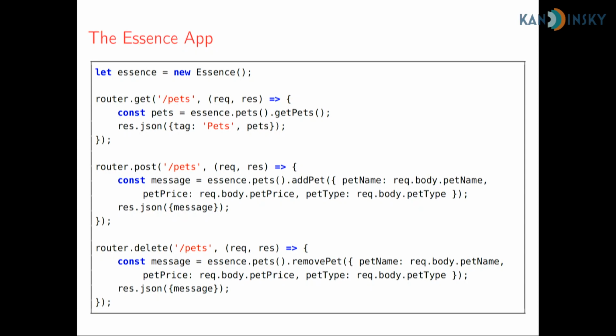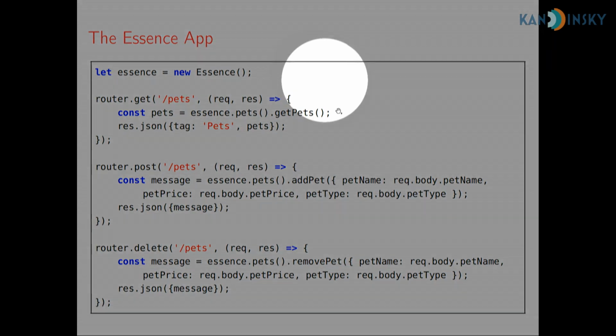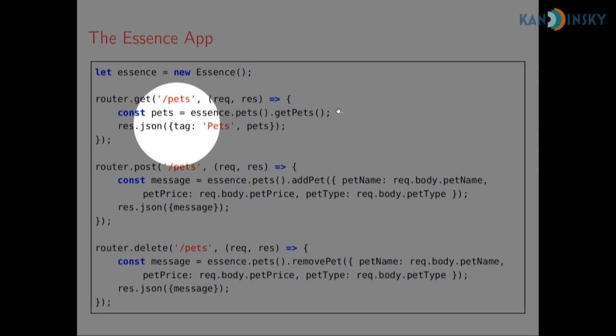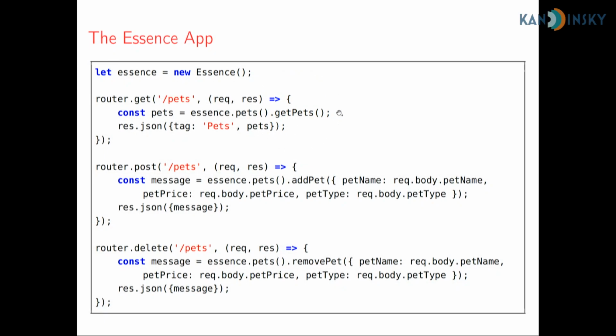And then we put this into an application. This is very easy Express code. Here we have the routes, the get request, the post request, and the delete request. And here, basically, we immediately go to our pets essence, invoke the proper method and return the result. Okay, so very simple.